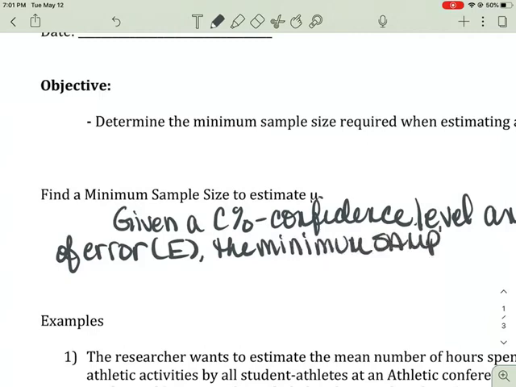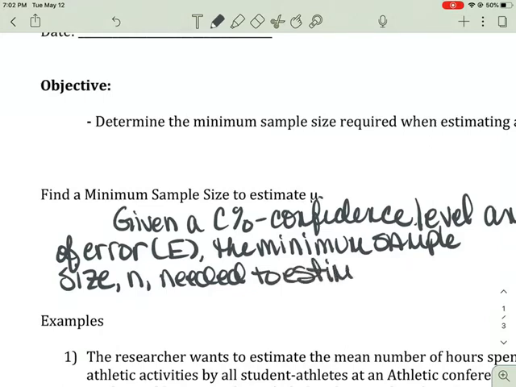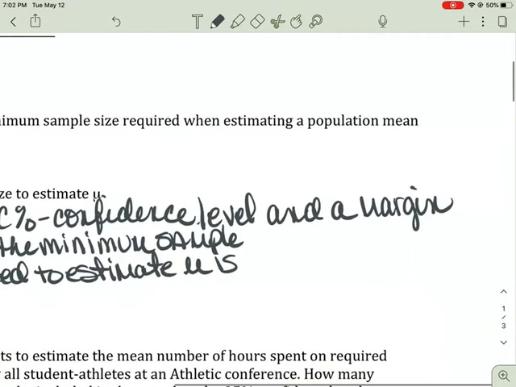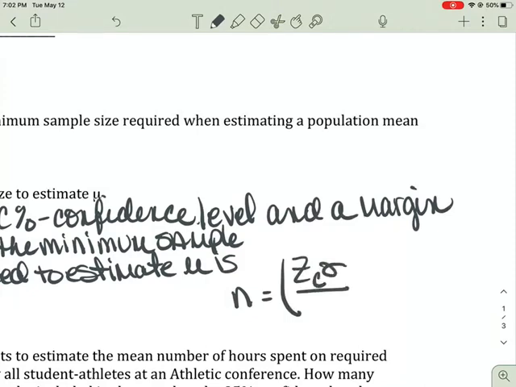The minimum sample size N needed to estimate mu is N equals Z sub C omega over E, quantity squared.